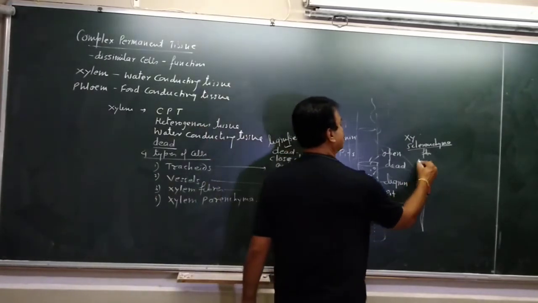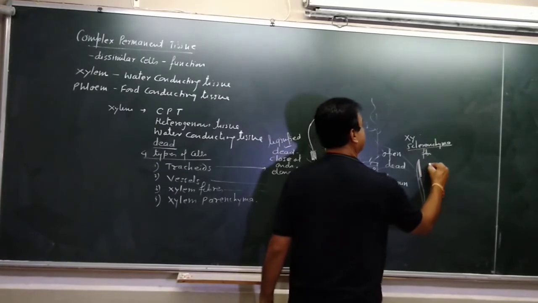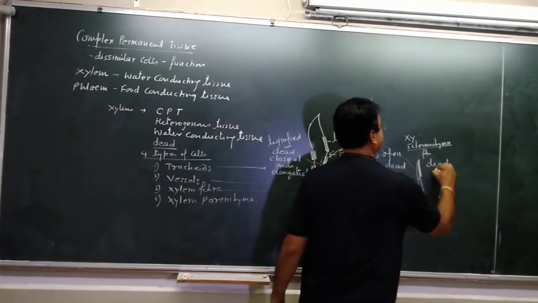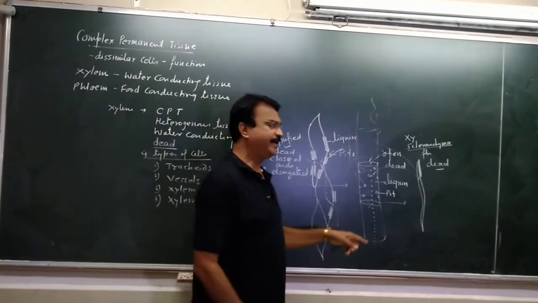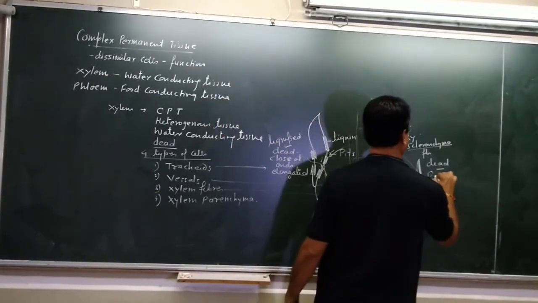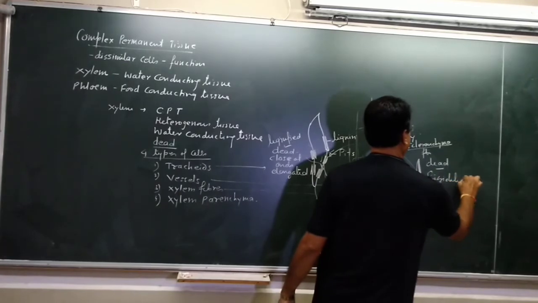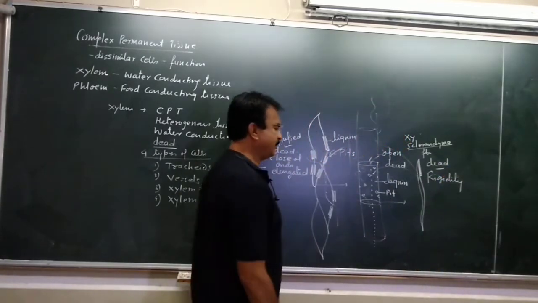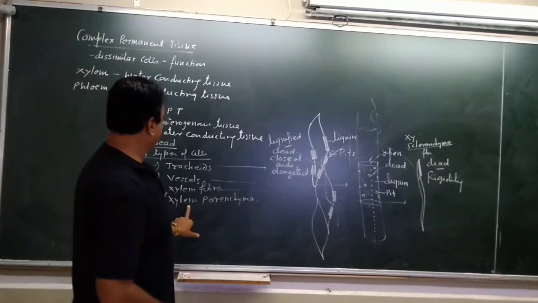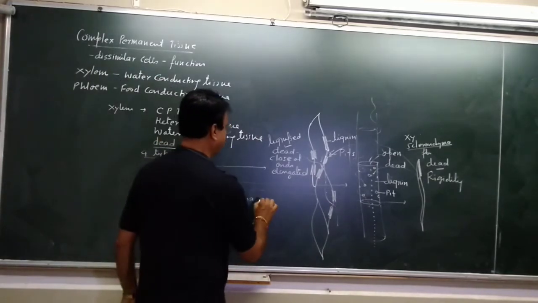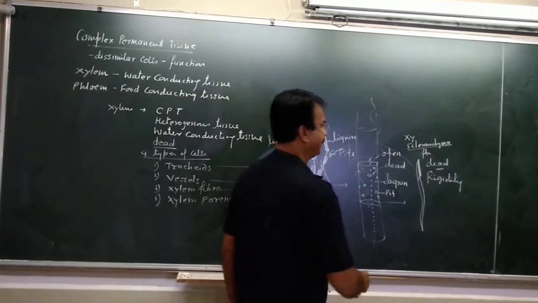They are also deposited by lignin. The walls are deposited by lignin and they are dead cells. The function is to give rigidity and strength to the xylem tissue.